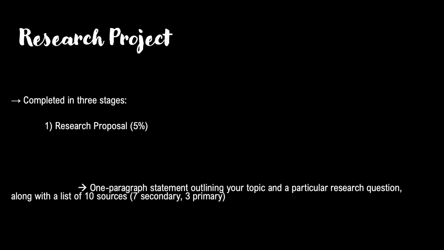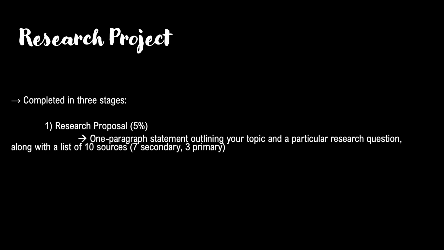The first is a research proposal worth 5%, where you will produce a 1-paragraph statement that does a couple of different things. First, it will outline the general topic that you're interested in, and it will put forward a preliminary research question, in addition to a list of sources, a bibliography of 7 secondary and 3 primary sources.